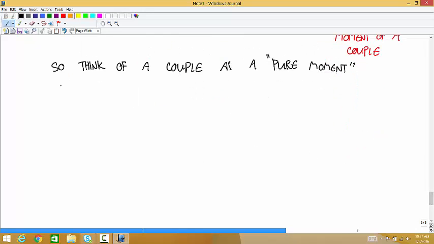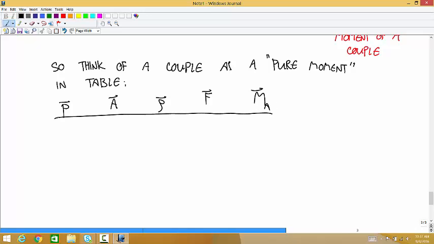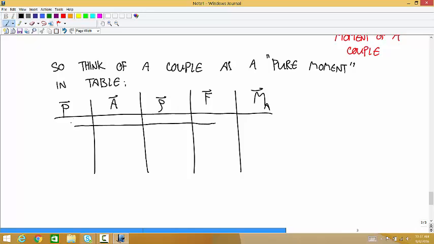And in the table, you have the other columns, but you can forget all these. Those don't come into it at all with couples because none of this stuff matters. And then the pure moment is whatever you're given, you know, negative 300 Newton meters or whatever.